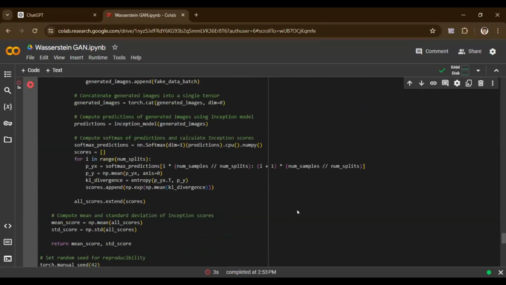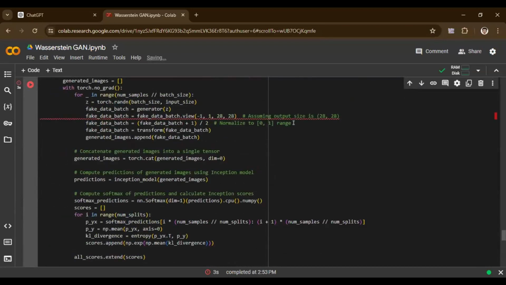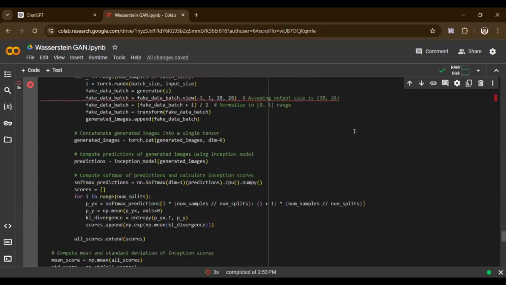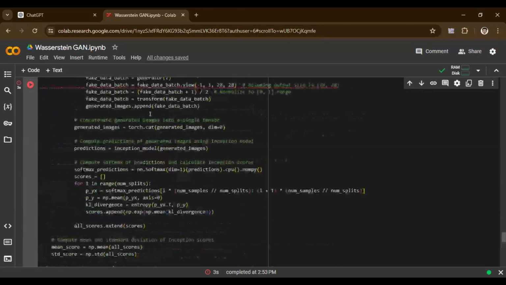The error is on this line, fit batch. It assumes the output size is 28 by 28, but the input size is 64.